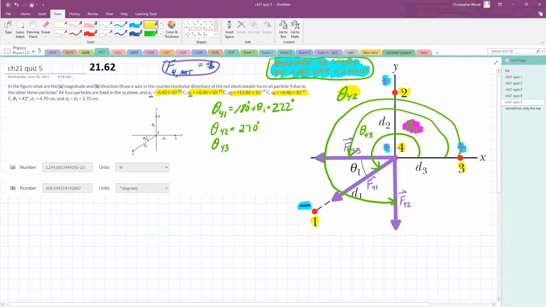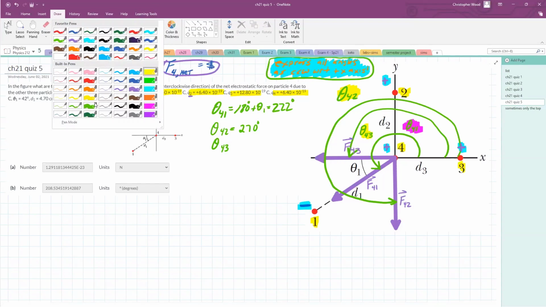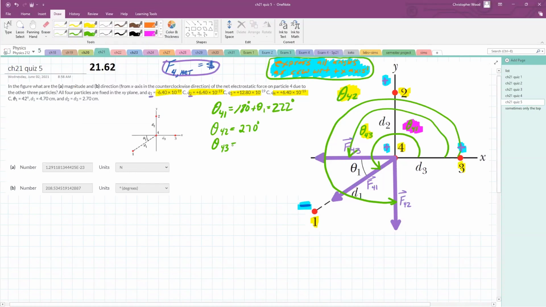Theta 43 is 180. Okay, so again, all this setup is worth it, especially since we can do some no-brainer type of simplifications here. All right, but I guess that's good.